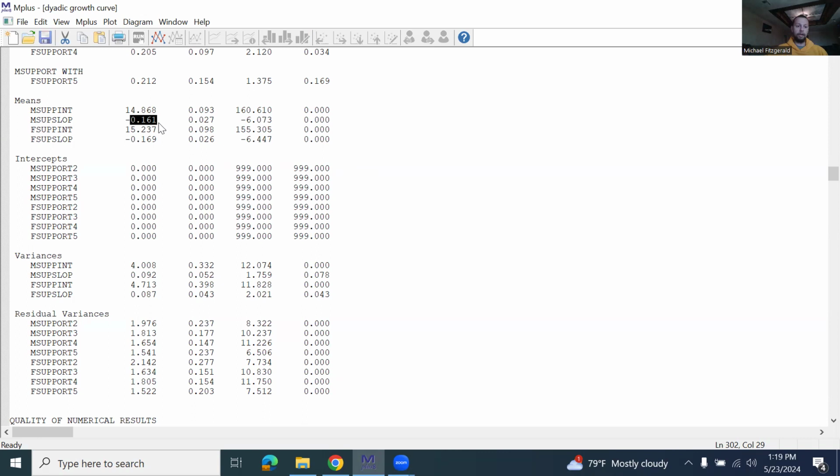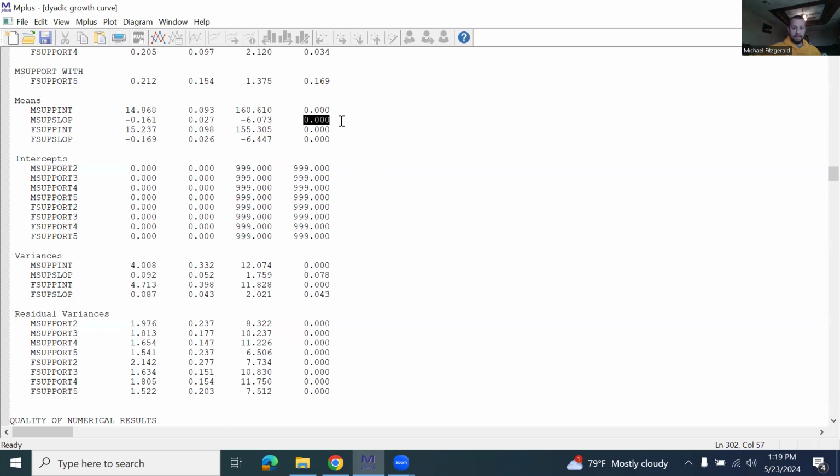We might be able to check a quadratic to see if there's a nonlinear effect. But we'll actually take a look at some of the plots, and we'll see that this tends to be a fairly linear decline. And this is where we want our slope to be significantly different than 0.